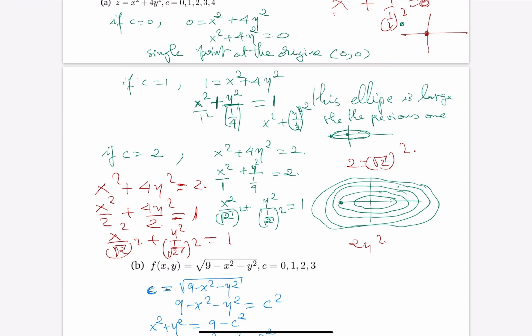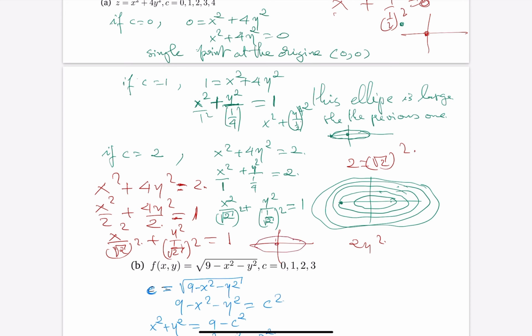So now you have elliptic form. Here on the x-axis you have square root of 2, which is about 1.4, I think. And on the y-axis you have 1 over square root of 2, which is smaller. And then you have the same thing, elliptic, just like this.